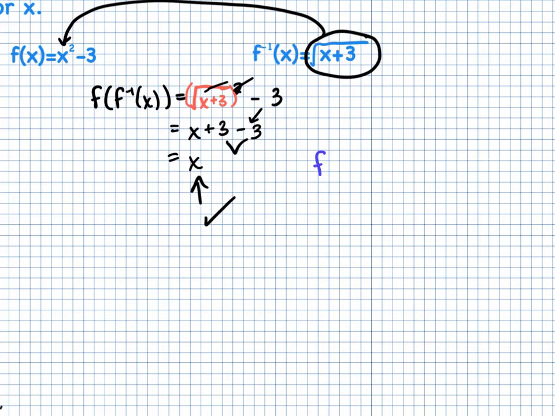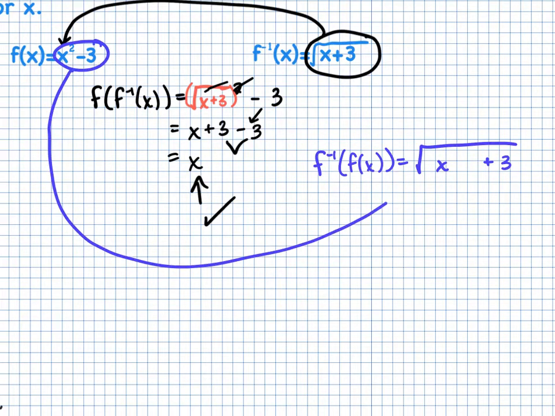So if I take the inverse function of my f of x, my inverse is the square root of x plus 3, and I left my space for x there. Now I'm going to take the x squared minus 3, and put it in for x.